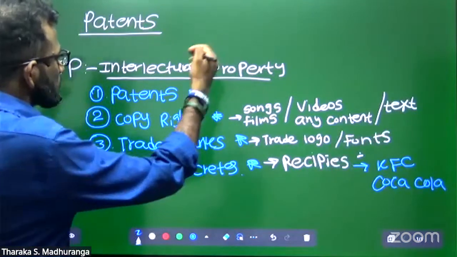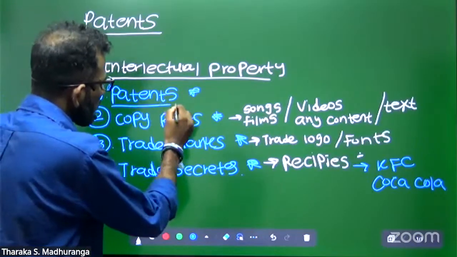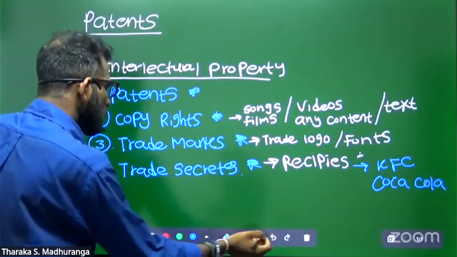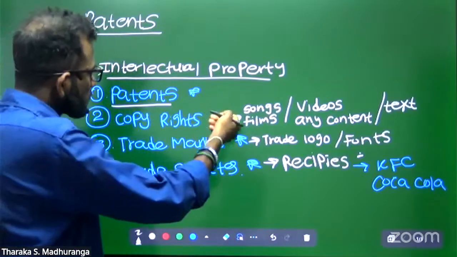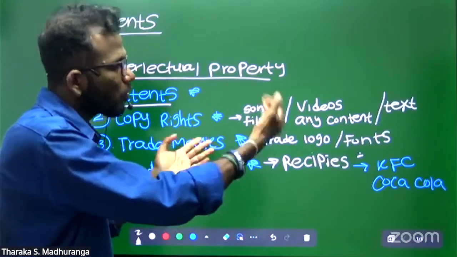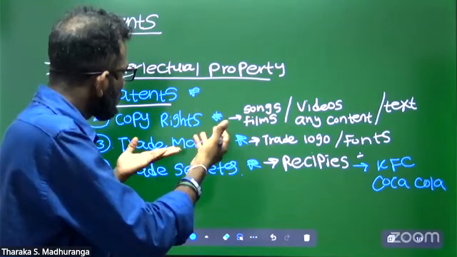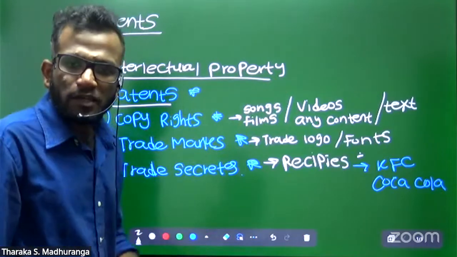Okay, patents. Now we come to our topic, that's patents. Then we discuss: trade secrets are given for recipes, trademarks are given for trade logos and fonts, copyrights are given for songs and other content. Who are patents given for?